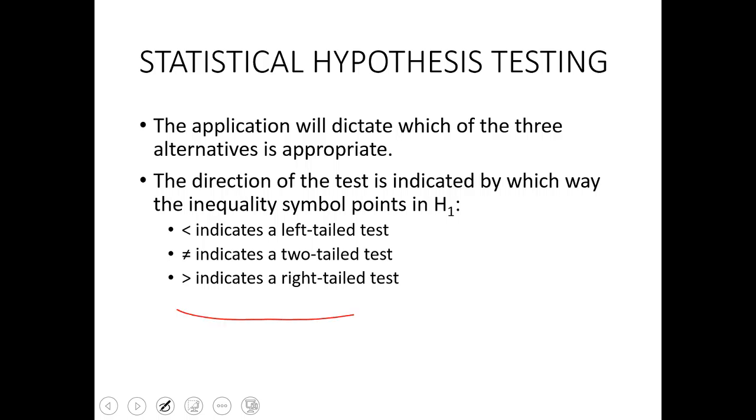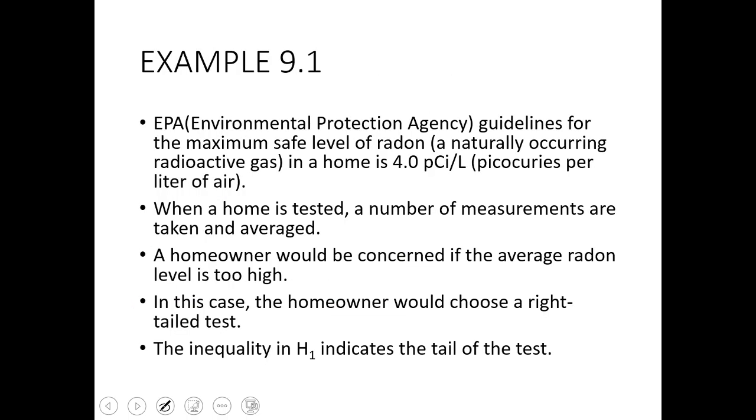So be careful: left-tailed test, two-tailed test, and right-tailed test. For example, the EPA, Environmental Protection Agency, guidelines for the maximum safe level of radon in a home is 4.0 pCi per liter.